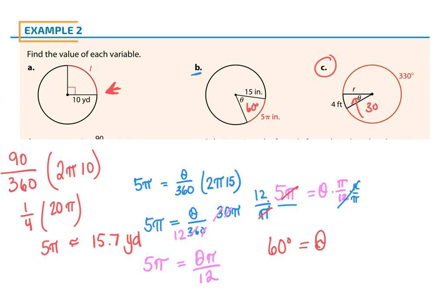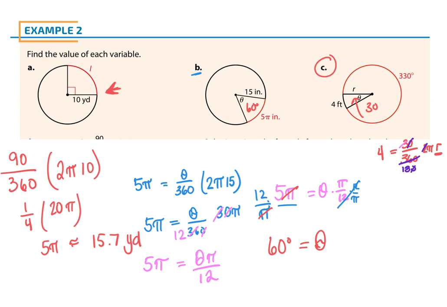Again, they've given me my length, but now I just need to know radius. So my length is 4. I know that I have 30 over 360. I need 2 times pi times my radius, that's what I'm trying to solve for. Same thing here. We can cancel out my 2 and my 360, right? We can reduce the 30 and the 180.